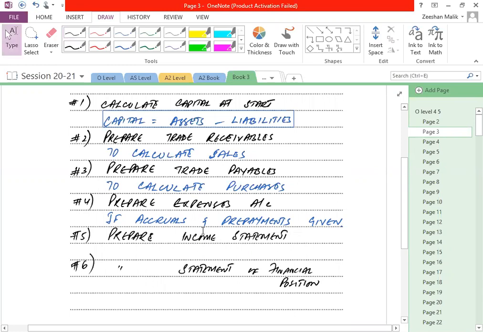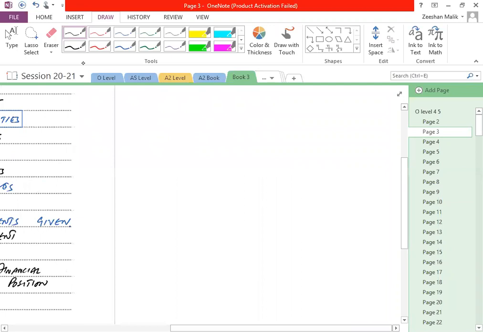Let me make the accounts. Trade receivable is an asset: balance brought down, balance carried down, amount received.